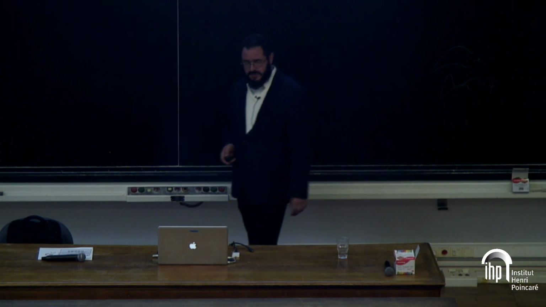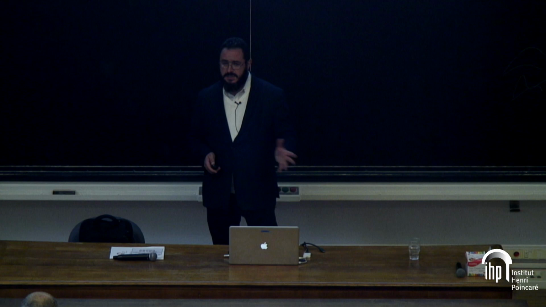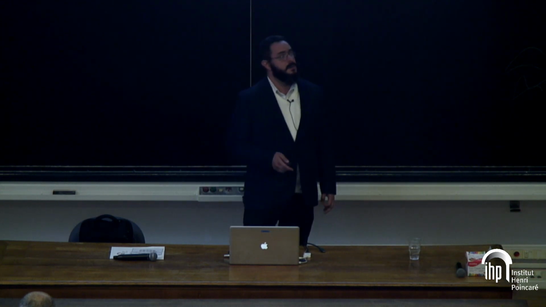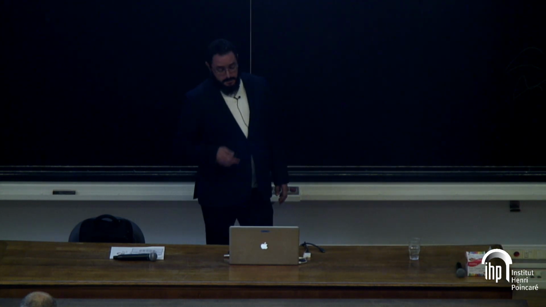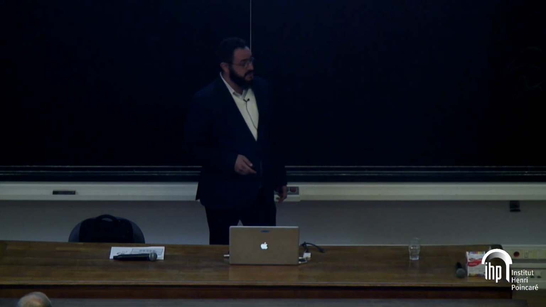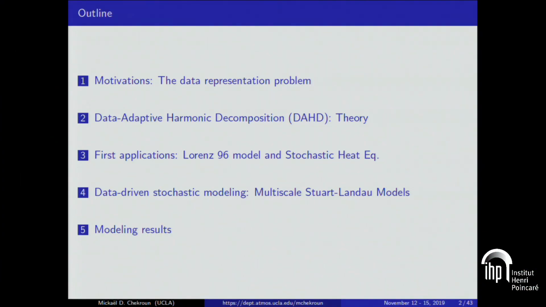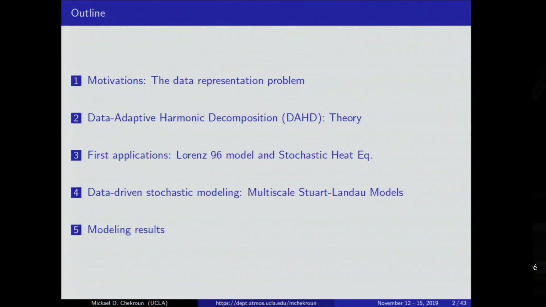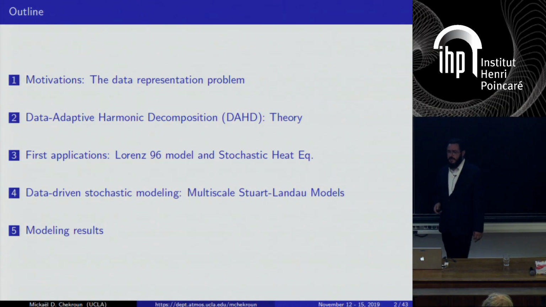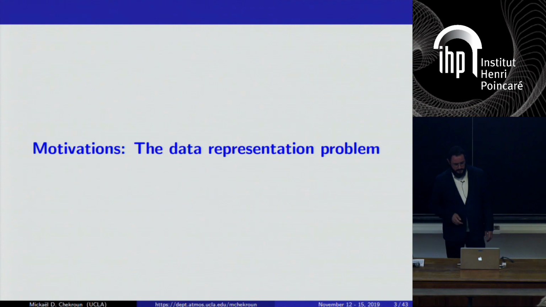We're going to talk about first application to the Lorenz 96 model and some stochastic heat equation. And then we're going to talk about multi-scale Stuart-Landau models. I'll explain what it is, and then we conclude on application modeling result for simulation when data are coming from high resolved baroclinic quasi-geostrophic models.